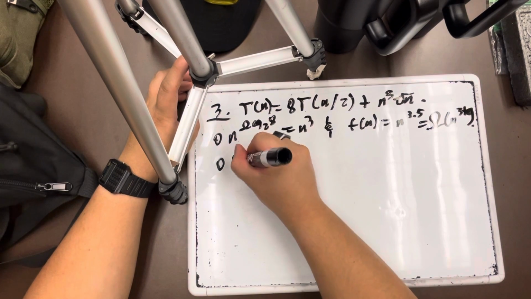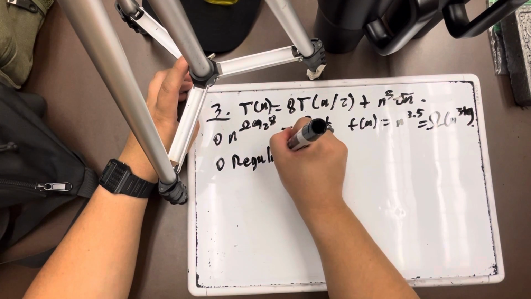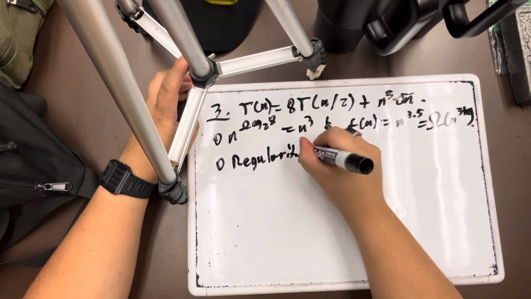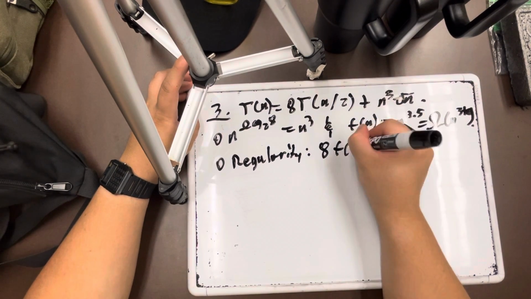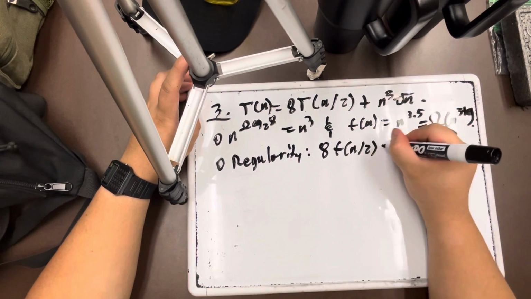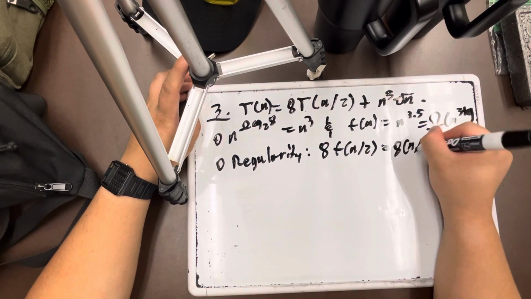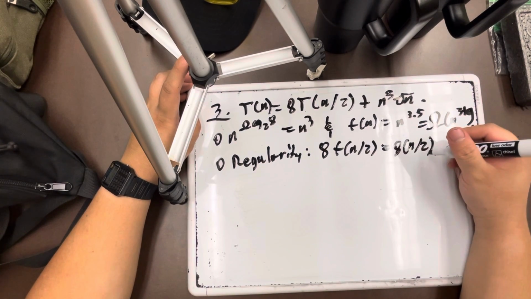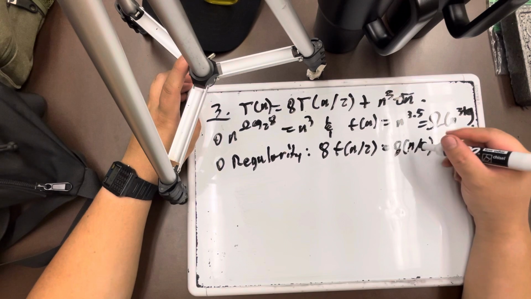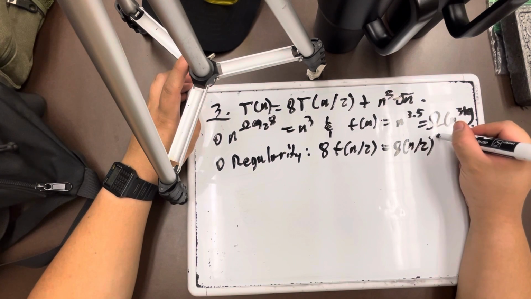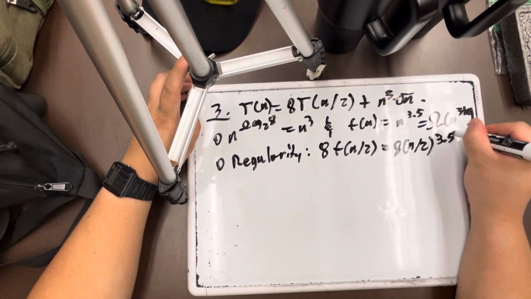Now, regularity. 8 times f of n over 2 is equal to 8 times open parentheses n over 2, close parentheses, to the power 3.5.